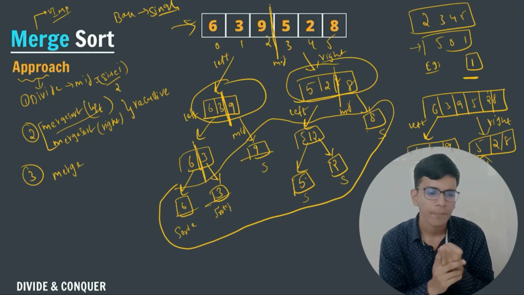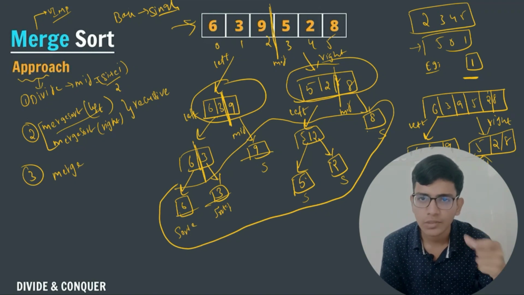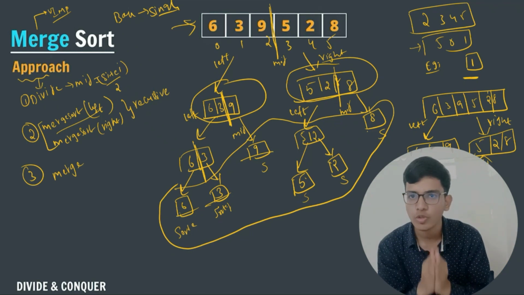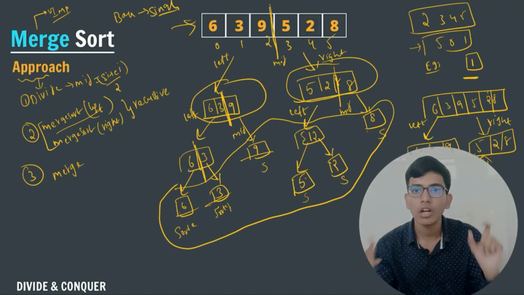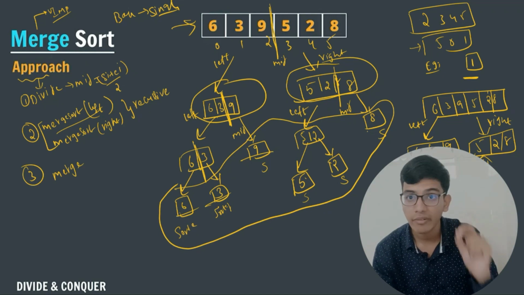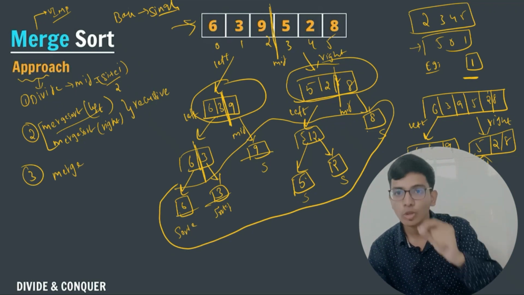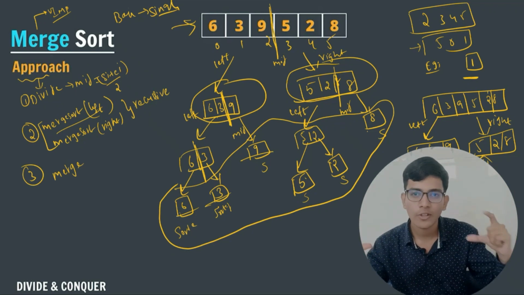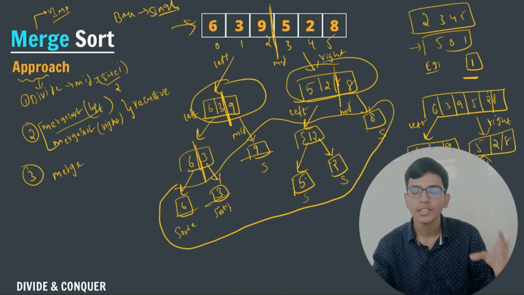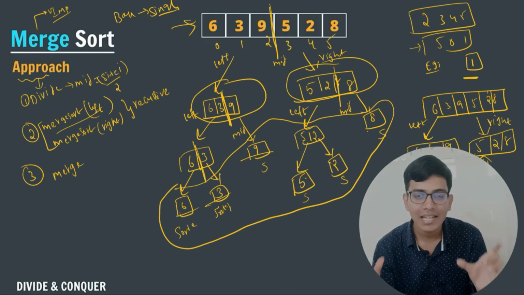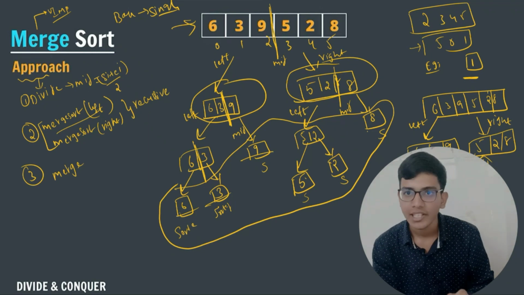So what will the divide and conquer approach tell us? It tells us that we need to first of all divide the given huge problem. So what is our huge problem? We need to sort the given array. To sort, we are dividing the given array into two pieces using mid.